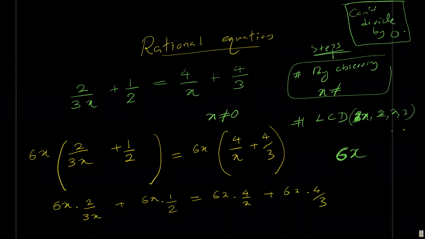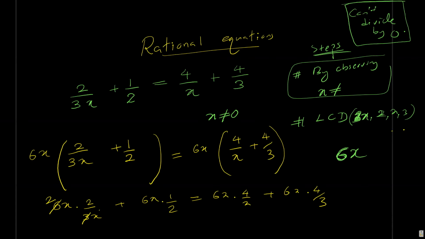Now you can keep cancelling. 3 times 2 and x will cancel. The reason why we agreed x can't be 0 is another important thing in our first step. Okay, 2 times 3 and here x and x will cancel. Here 3 times 2.